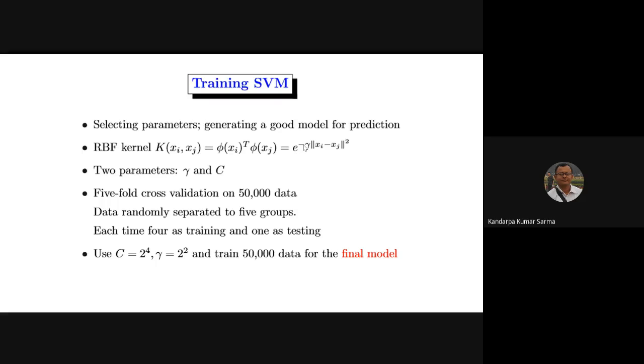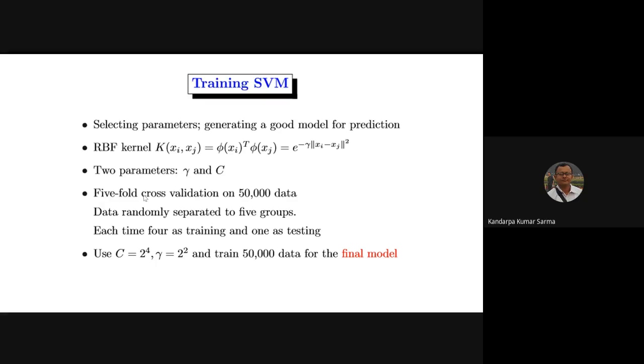So e raised to the power minus gamma, multiplying the norm of the difference between x_i and x_j, raised to square. You have two parameters here, gamma and C. Gamma will be the learning rate, and C shall be the convergence term.